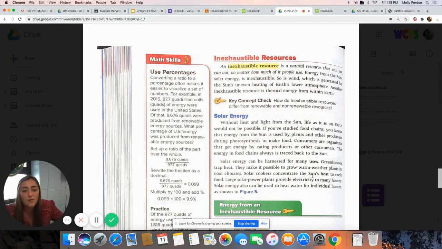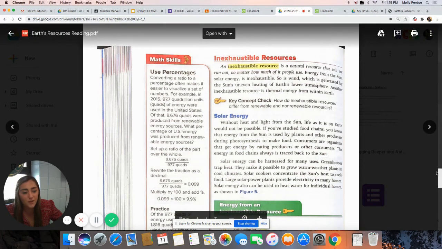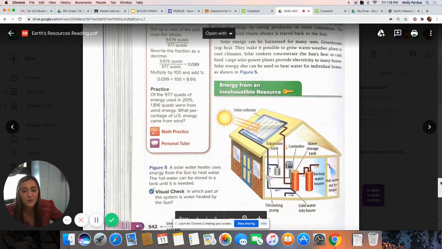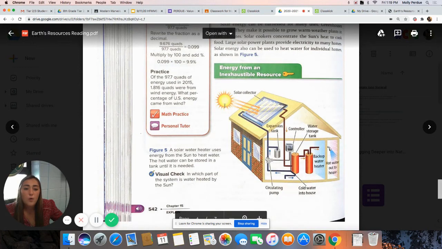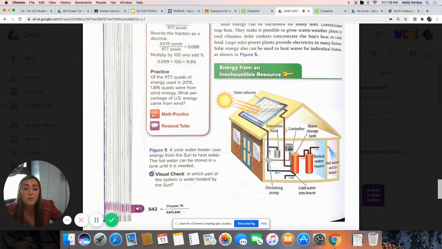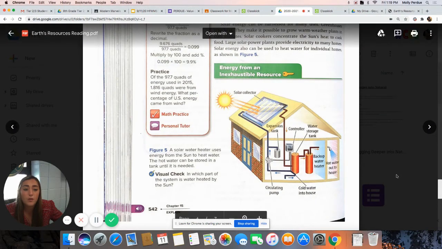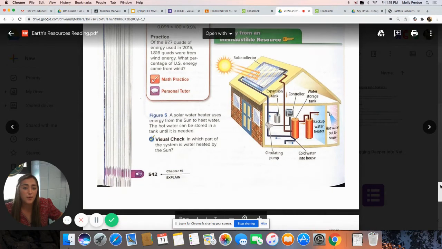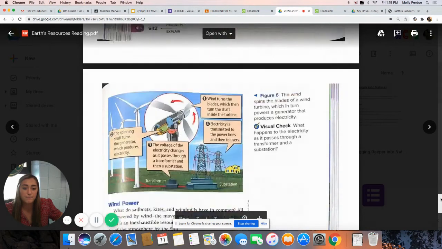Solar energy also can be used to heat water for individual homes as shown in Figure 5. So we can also collect sun using solar panels so that we can use it for electricity in our homes. Some people have solar panels on their houses for that.